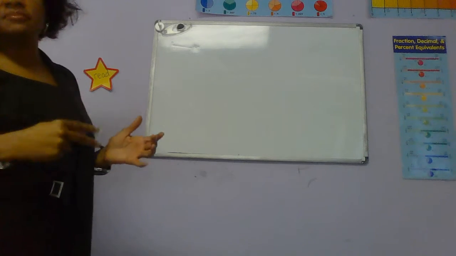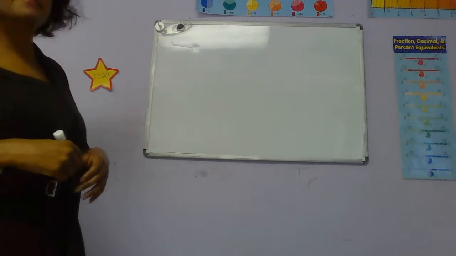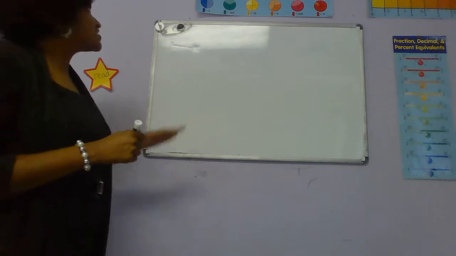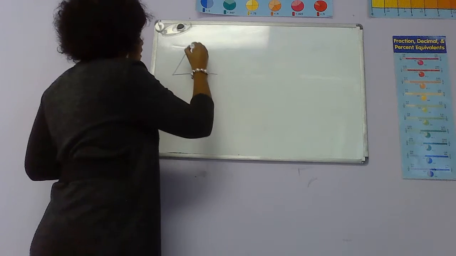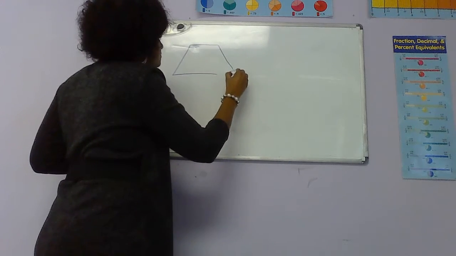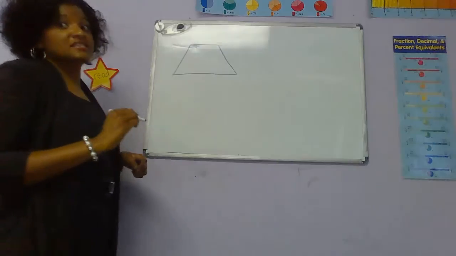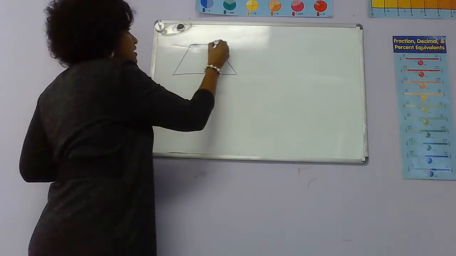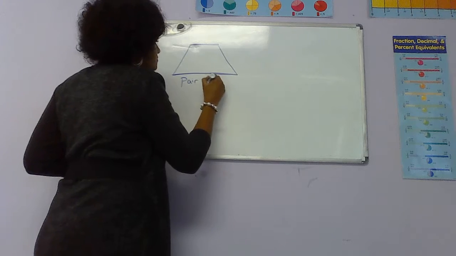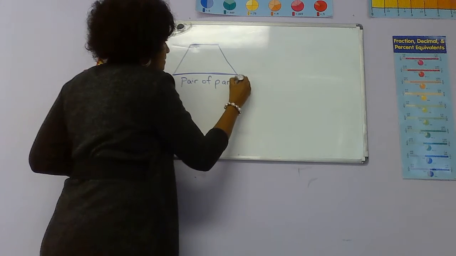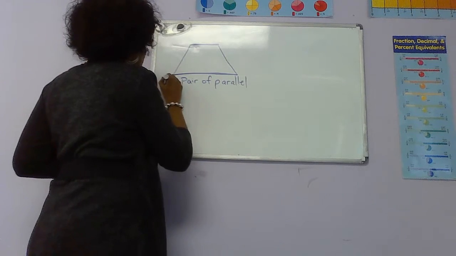All right, the other thing that it's important to know is our quadrilaterals. And I have another video on this, so this is just a review. A trapezoid is something that looks like this. A trapezoid has a pair of parallel lines, so one pair.